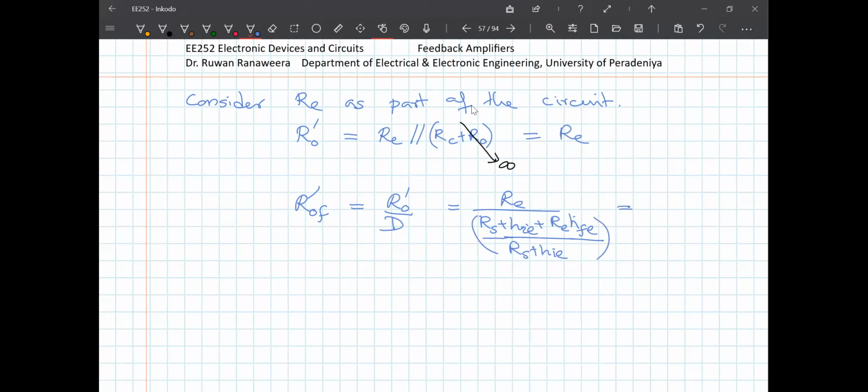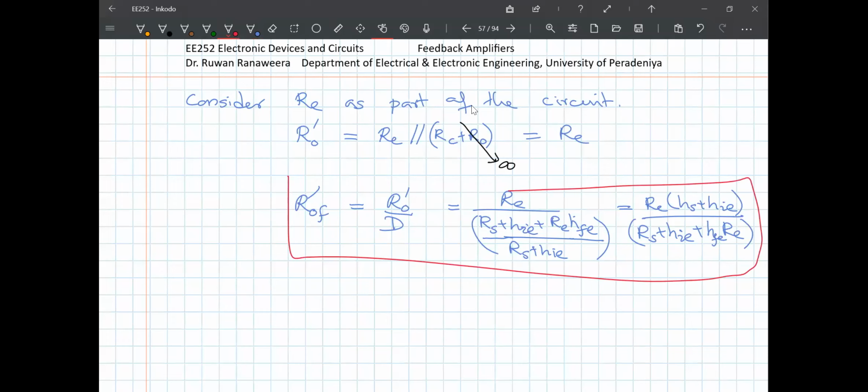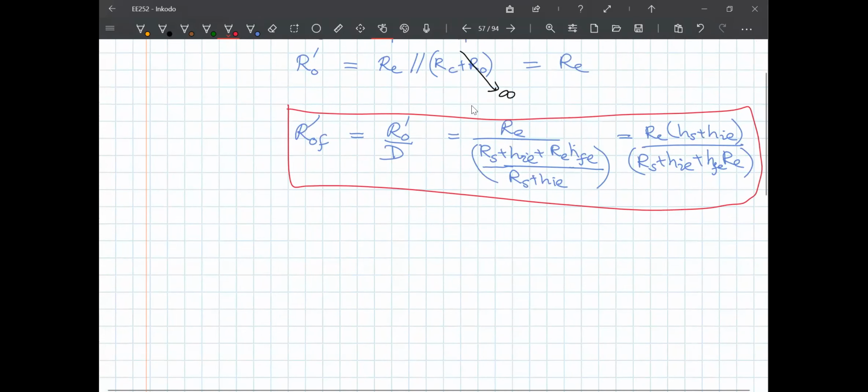So this is equal to RE times Rs plus HIE divided by Rs plus HIE plus HFE RE. So that's my expression for the output impedance with feedback. So now, if needed, I can find the R out with feedback.